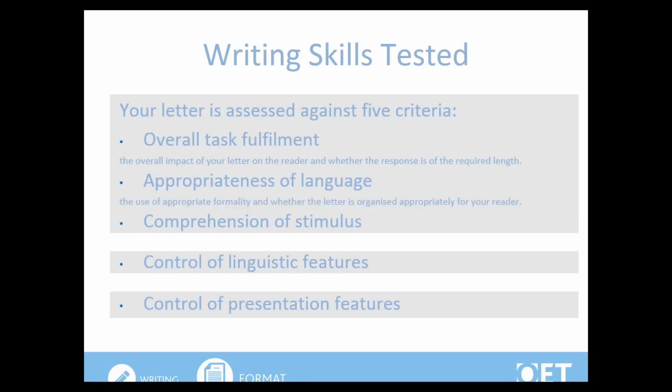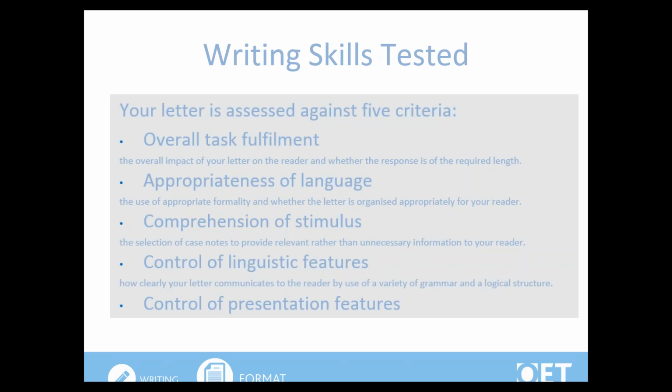Appropriateness of language is the use of appropriate formality and whether the letter is organized appropriately for your reader. Comprehension of stimulus is the selection of case notes to provide relevant rather than unnecessary information to your reader. Control of linguistic features is how clearly your letter communicates to the reader by use of a variety of grammar and a logical structure.